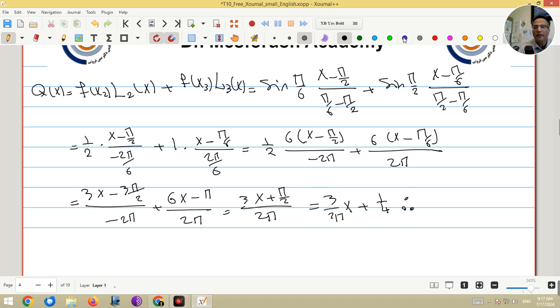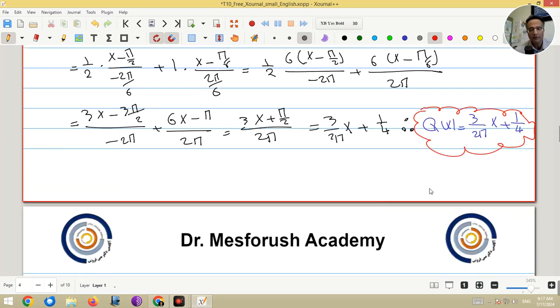So finally we get q of x equal to 3 over 2π x plus 1 over 4. Keep it in your mind for the next step, and we will use it.